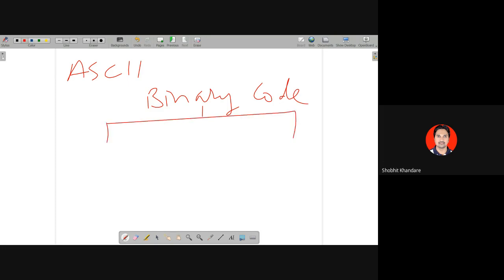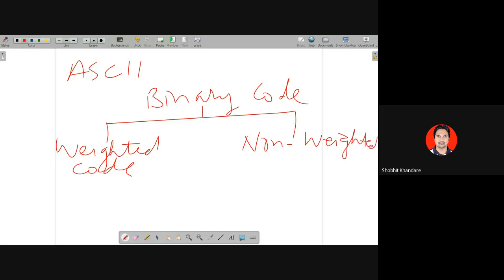They are weighted code and the other, non-weighted code. So these are the basics and the important.